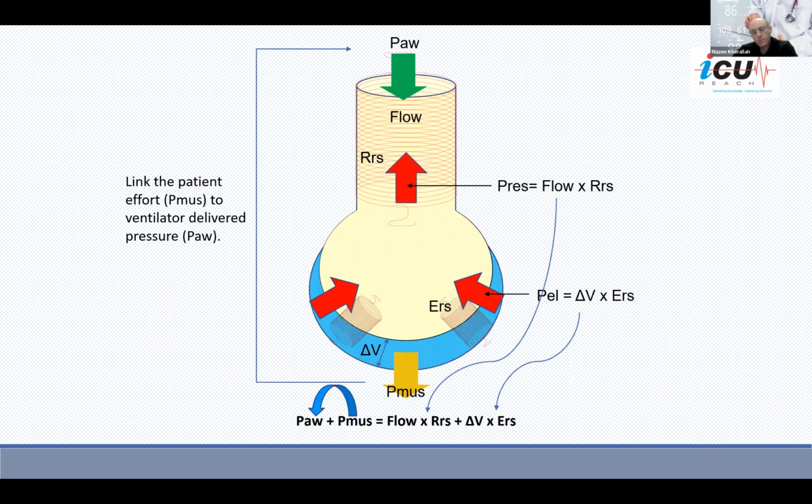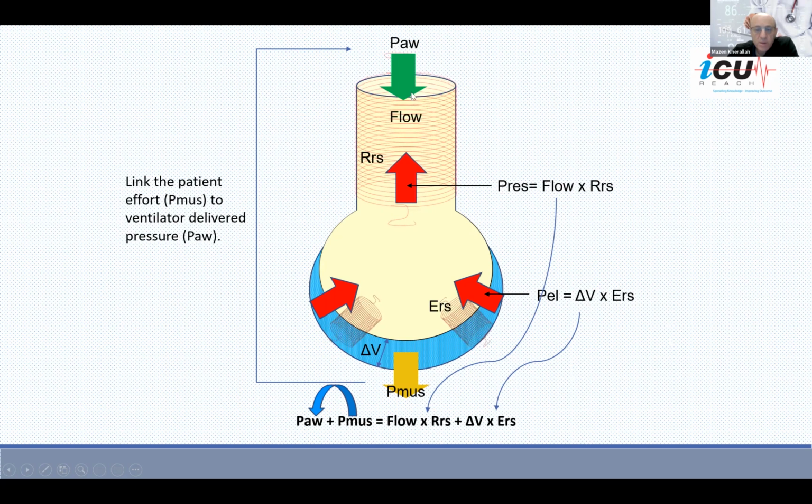So if you take a look here, if this patient is spontaneously breathing, the patient needs to contract the respiratory muscles or inspiratory muscles to decrease the intrathoracic pressure. And the patient will generate flow, but the pressure that is decreased needs to overcome, number one, the airway resistance.